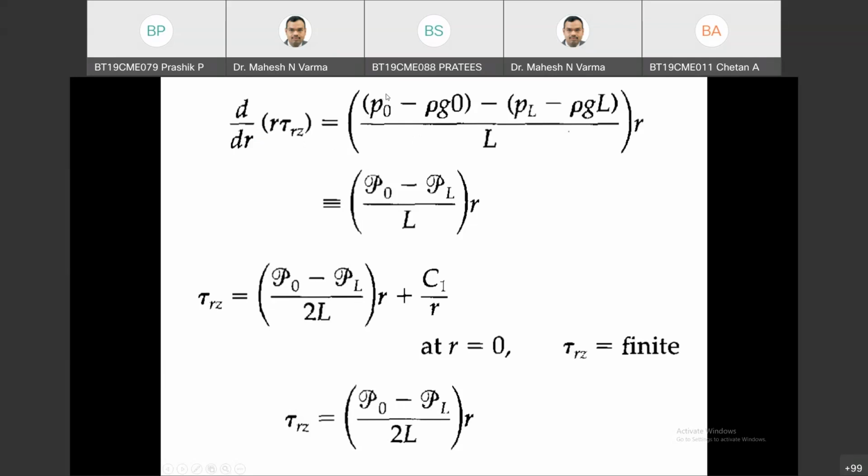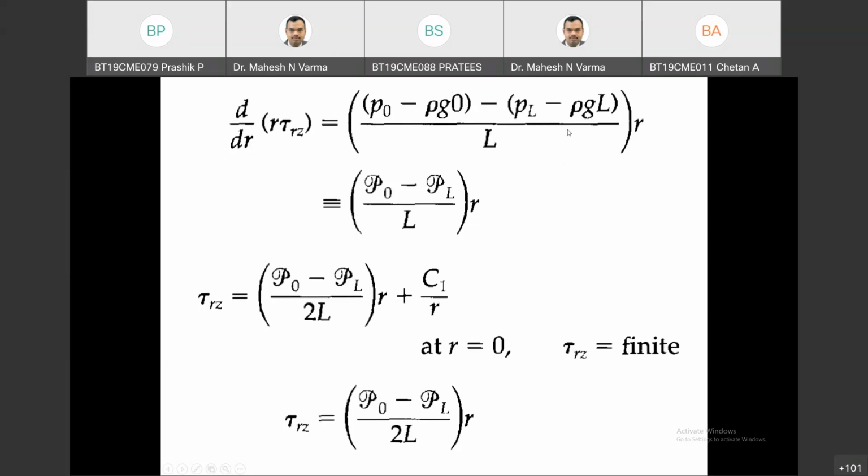Another difference, remaining thing is the same. Here I have both the pressure forces and gravitational forces. This will be a potential. This is pressure because of an external agency, and this is a kind of pressure because of gravitational force. Pressure or potential head.